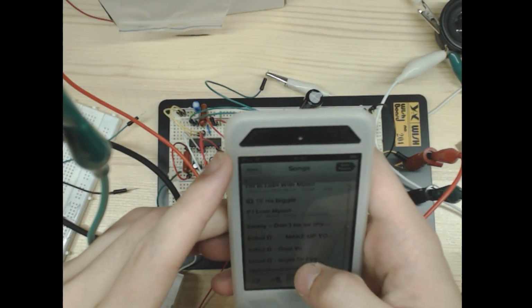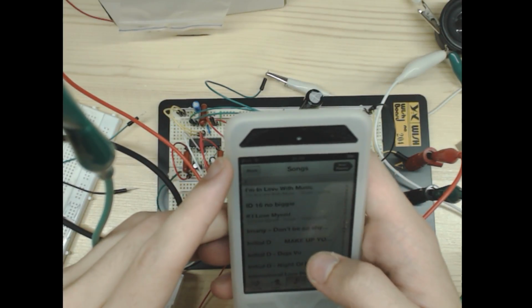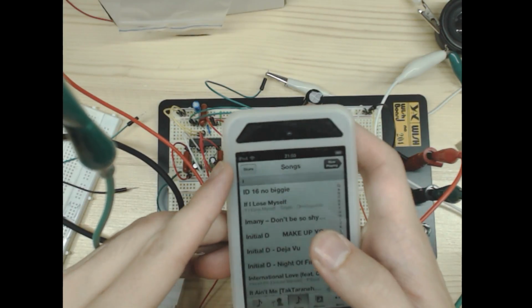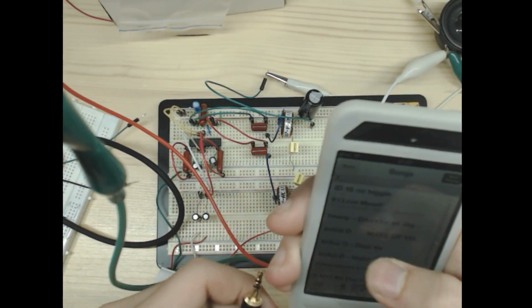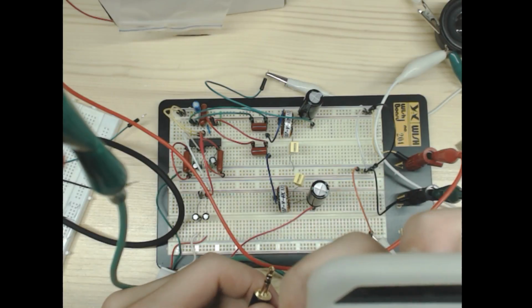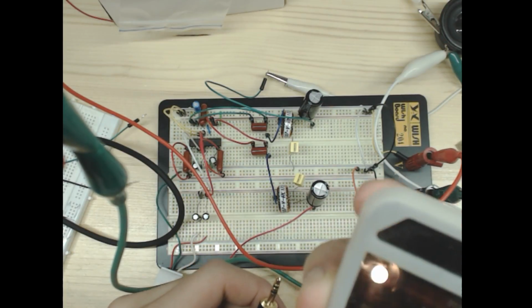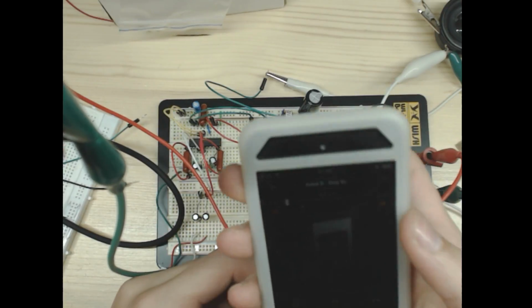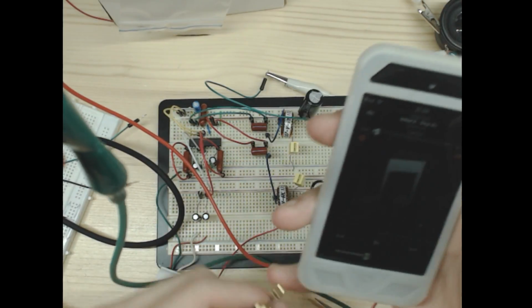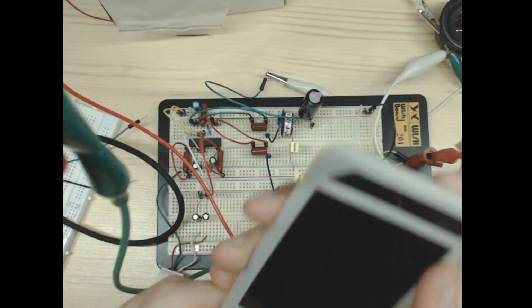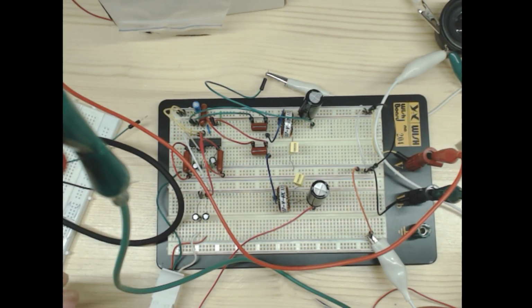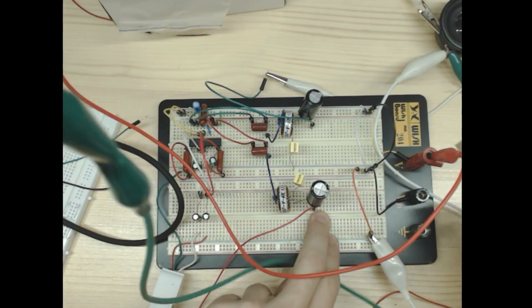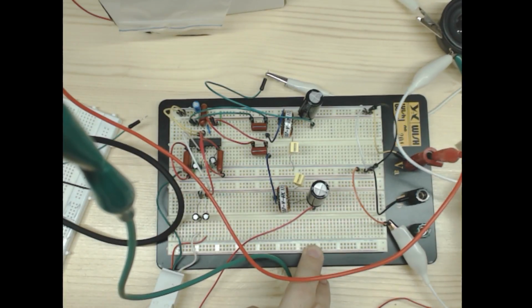Let's play some Initial D, Deja Vu. Let's do that. So that's the sound of the iPod itself. Let's connect this, and let's put voltage through it and see what it does.